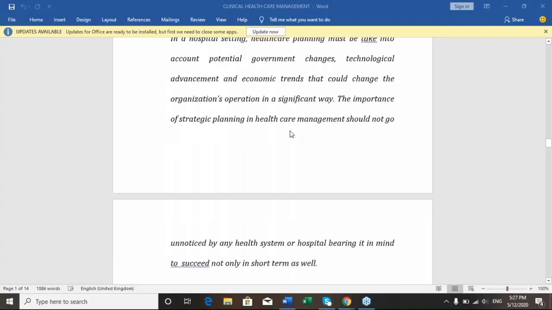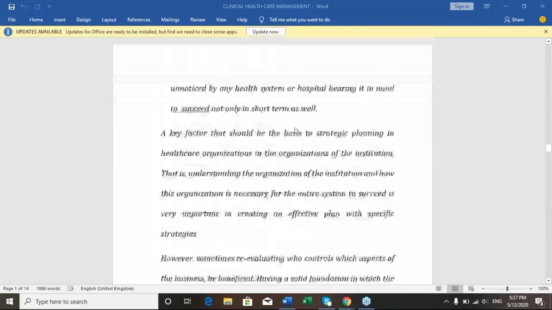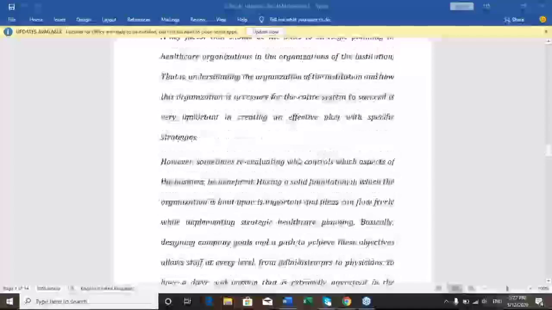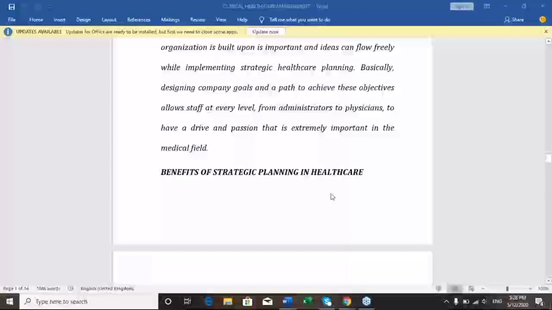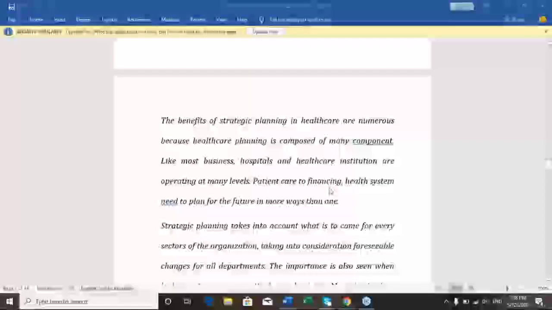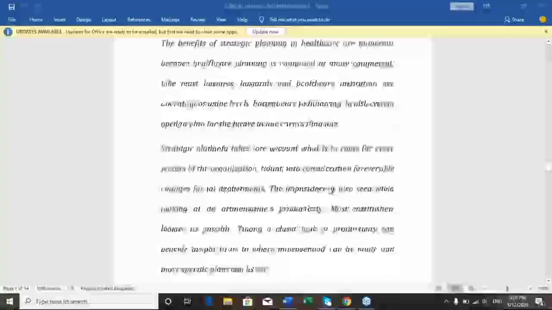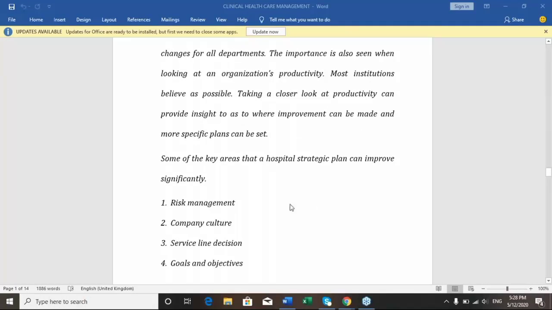We also talk about the importance of strategic planning in healthcare management. After that, we talk about benefits of strategic planning in healthcare management. What are the benefits? We also talk about some key areas that a hospital strategic plan can improve significantly.